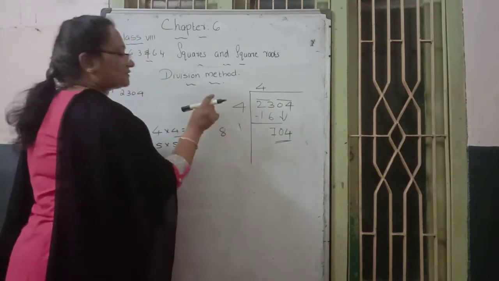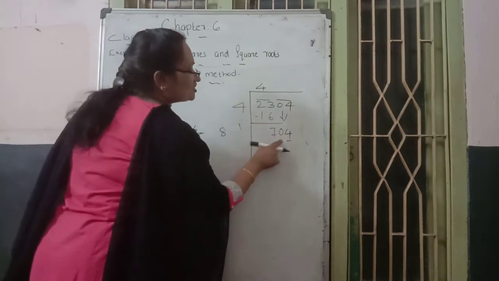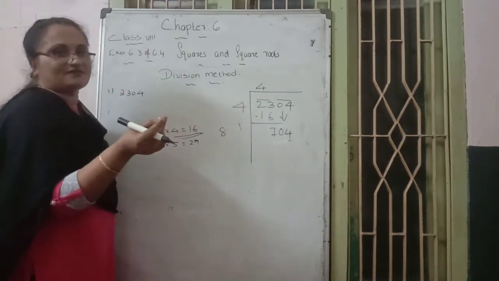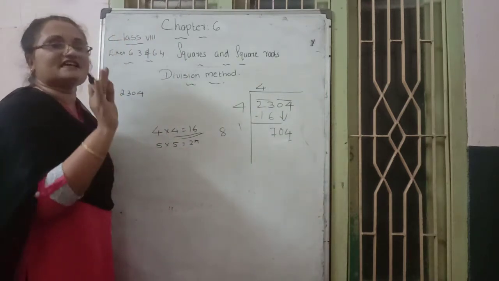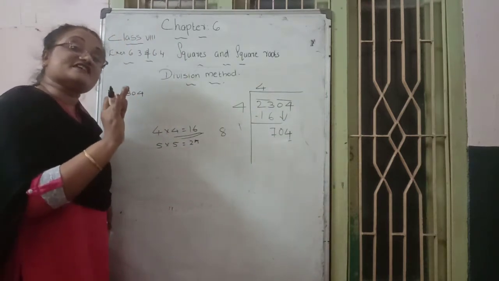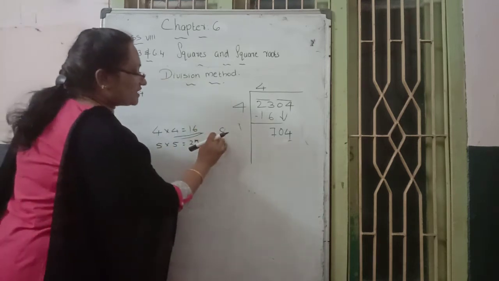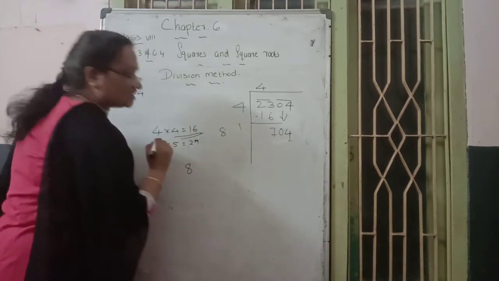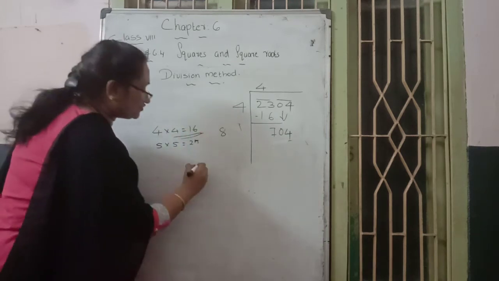For checking purposes, in this way we check the 8 table, where we get a 3-digit number. In the 8 table, we get 704, and note that the nearest answer is 8 into 8, which becomes how much? 64. That's why our divisor 8 is joined with a number, and multiplying them we get 64.